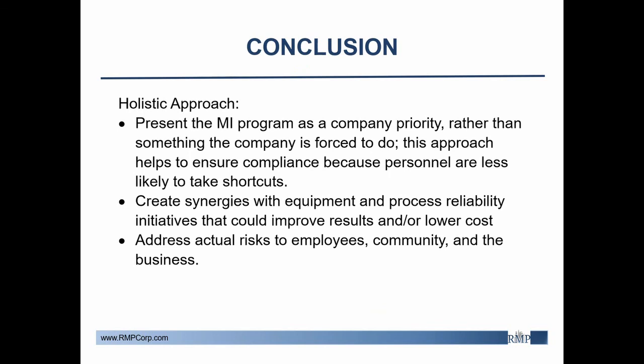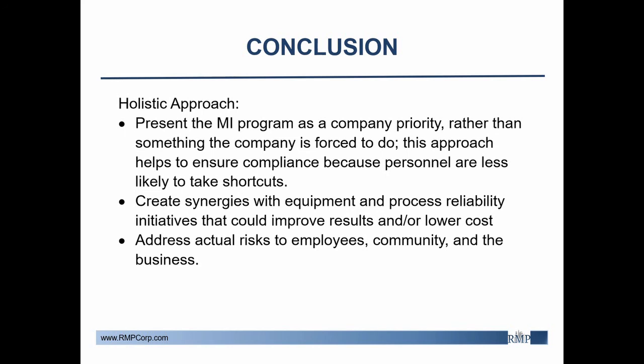In conclusion, you can reasonably expect an MI program to include improved equipment reliability, reduced equipment failures that lead to safety and environmental incidents, improved product consistency and maintenance consistency as well as efficiency, reduction of unplanned maintenance time and costs, reduced operating costs, improved spare parts management and contractor performance, and also compliance with government regulations.